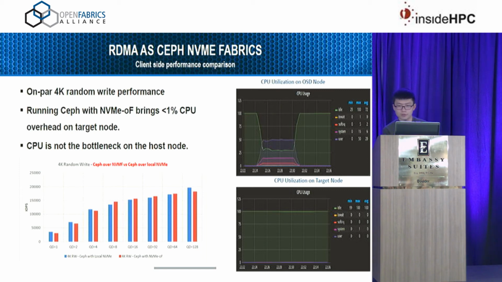We can see the CPU idle on the target node is close to 100%, so the CPU utilization on the target node is small. So the CPU is not a bottleneck on the host node. That means NVMe-oF didn't add extra CPU overhead on the Ceph OSD node.